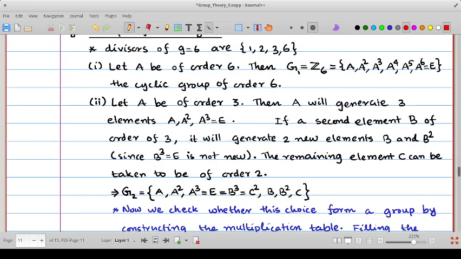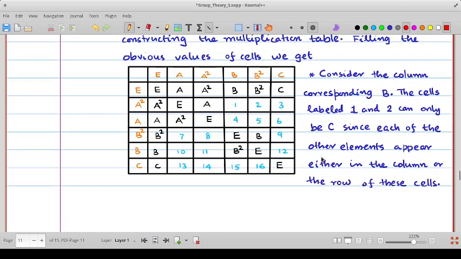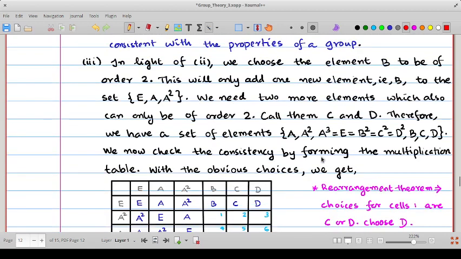So far we have only constructed one group of order 6, which is the cyclic group of order 6. And the second choice that we tried does not work. So what does that mean? I cannot have an element of order 3 in my group of order 6.